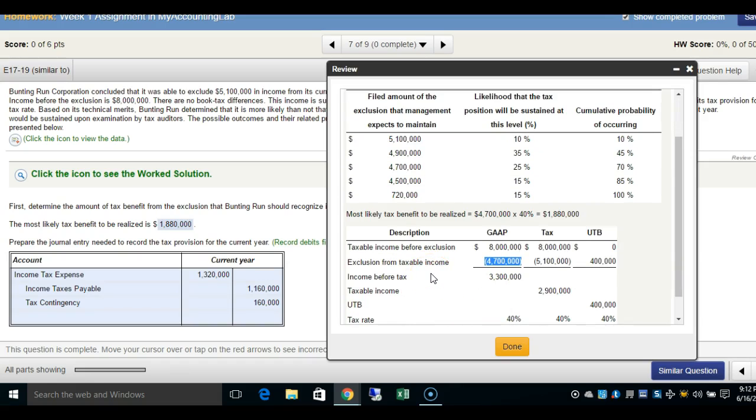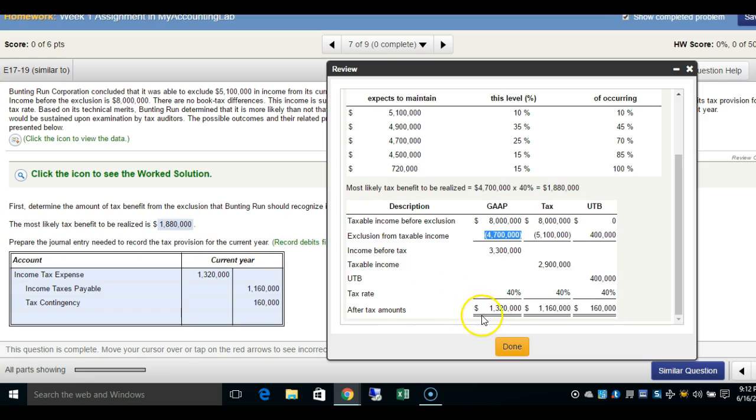Therefore, we're going to show income before tax of $3,300,000 at a tax rate of 40%, which gives us a tax of $1,320,000. Under GAAP, the $1,320,000 is our income tax expense.